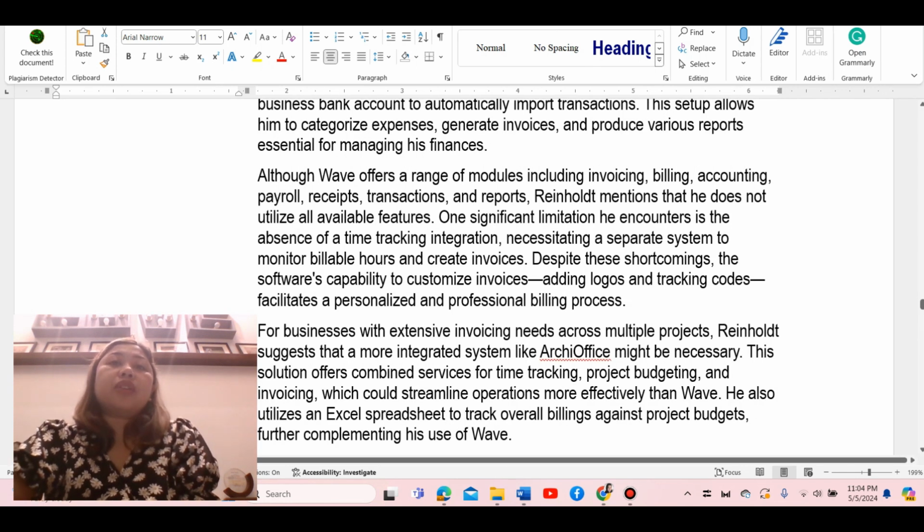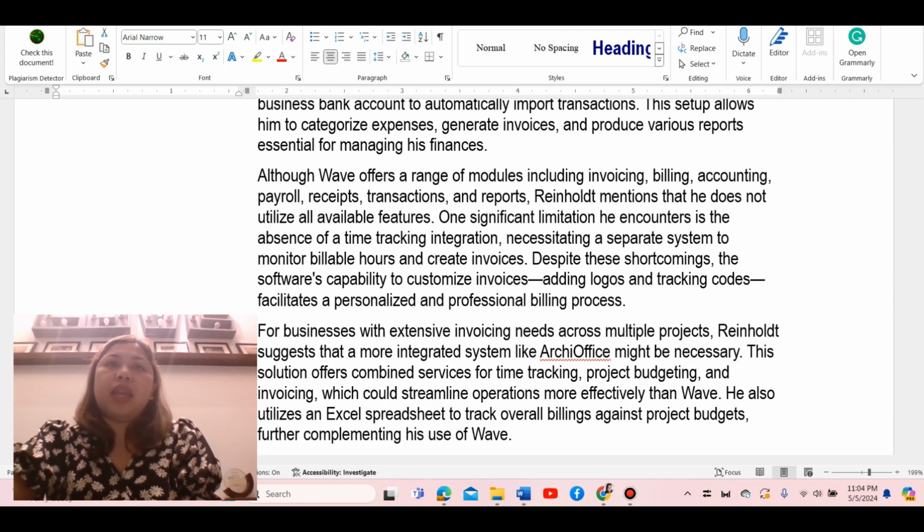Although Wave offers a range of modules including invoicing, billing, accounting, payroll, receipts, transactions, and reports, Reynolds mentioned that he does not utilize all available features.